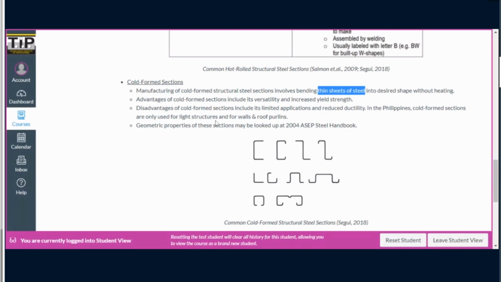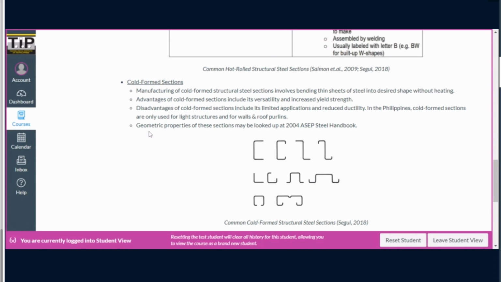Okay. So the main advantage of the cold form steel over the hot rolled steel is that it is more versatile because you can form more sections, no? Compared to hot rolled sections where it only has standard sections, no? And in some cases built-up sections. In cold form steel, you have more freedom as to what shape you want. Okay, and at the same time increased yield strength.